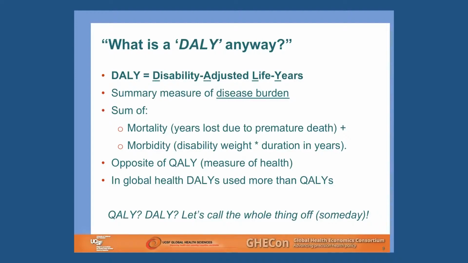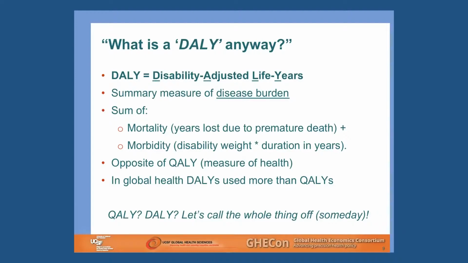So let's talk about DALYs, because of the two metrics I just mentioned, in global health you will most frequently encounter DALYs. You'll find QALYs sometimes, but as I say, most frequently DALYs, so let's talk about them for a minute. It stands for a disability adjusted life year.